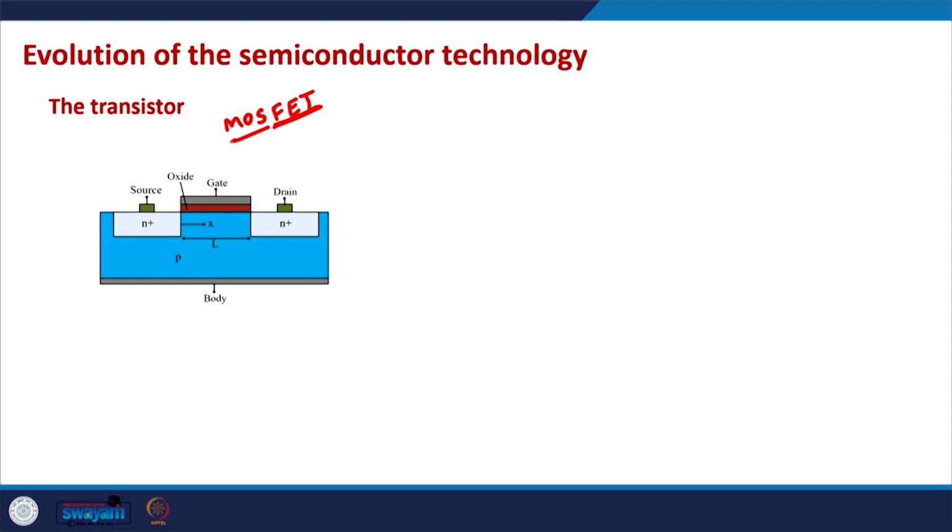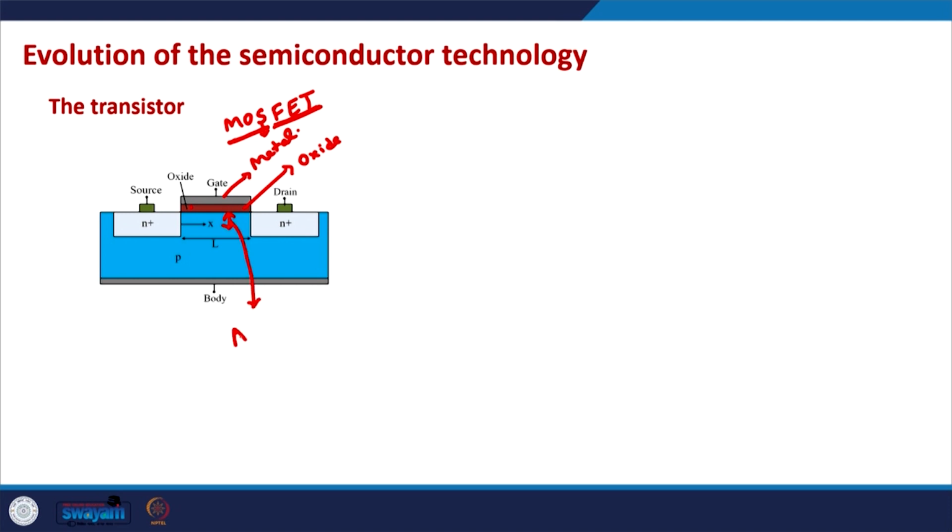Metal oxide semiconductor means that we have a metallic gate. Oxide means just below the metal we have a very thin oxide, although that is not very clear from this picture. And just below the oxide, we have the semiconductor where the actual active region of the device is.